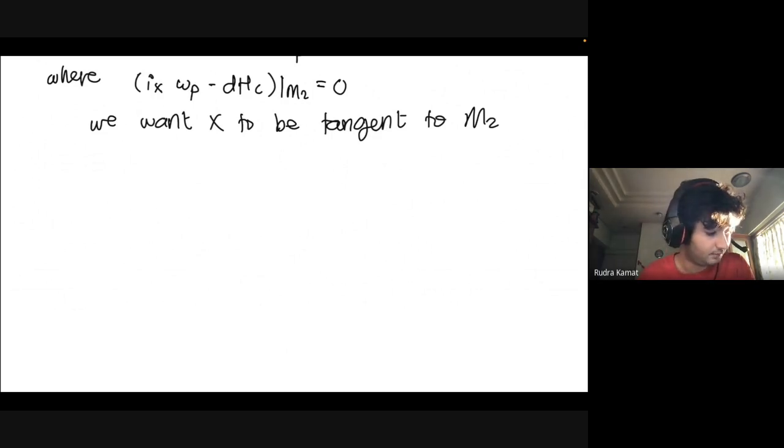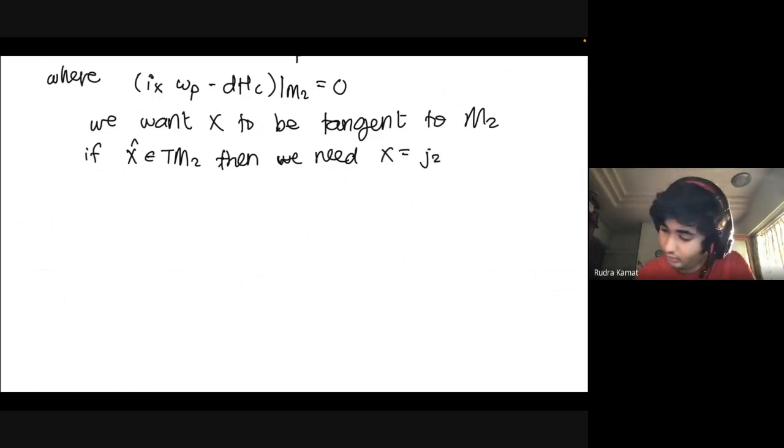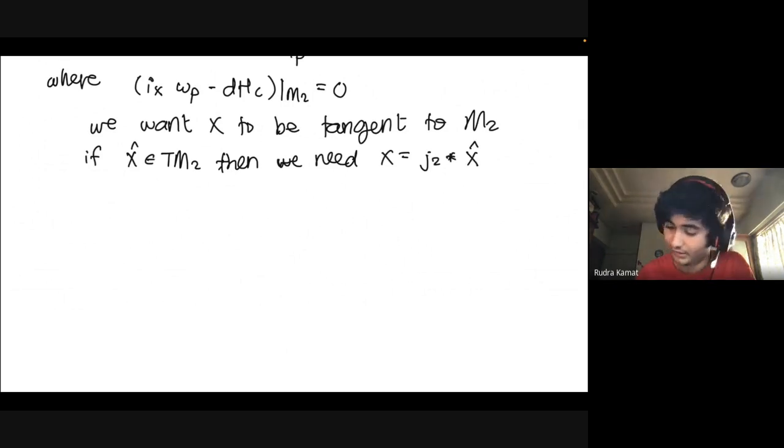So if we want X to be tangent to M2, say assuming X hat belongs to the tangent space of M2, TM2, then we need X to be nothing but the push forward of X hat.